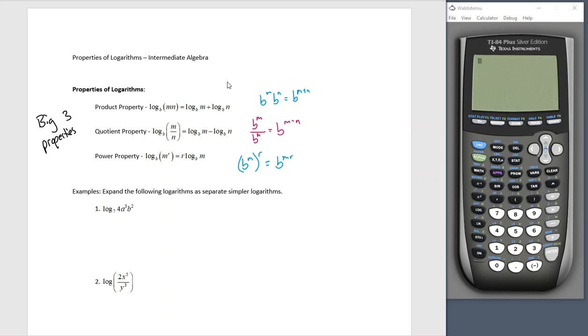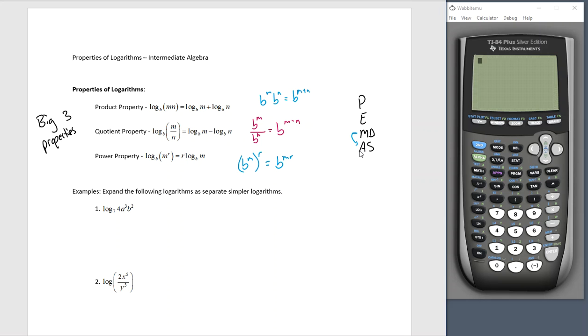And one way we could look at all of these together is through our order of operations. PEMDAS: parentheses, exponents, multiply and divide, add and subtract. Here's how I think about it. If you are multiplying two things with the same base, you add their exponents.